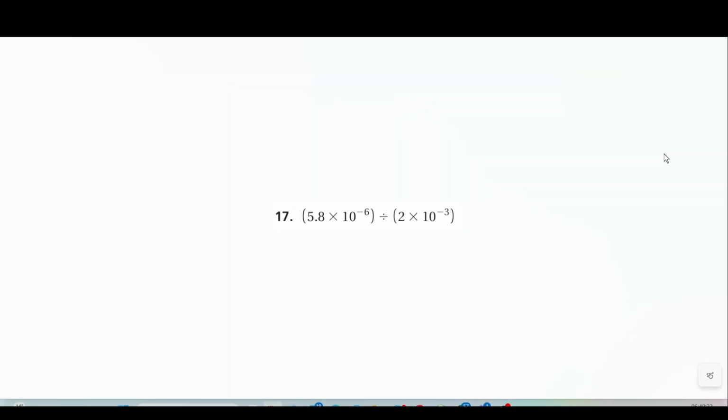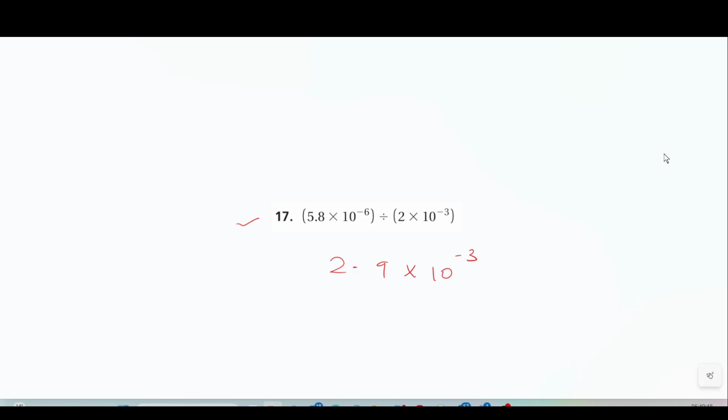Try this. 2.9 times 10 to the power of negative 3.